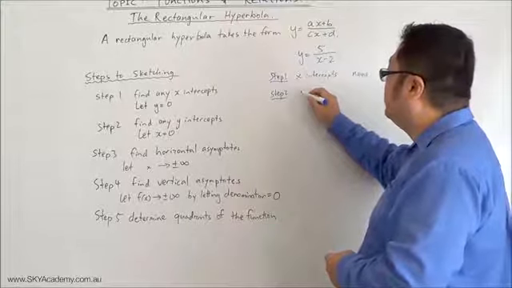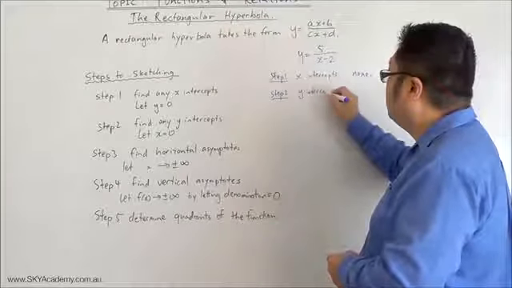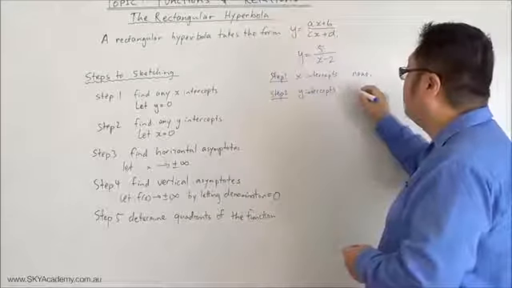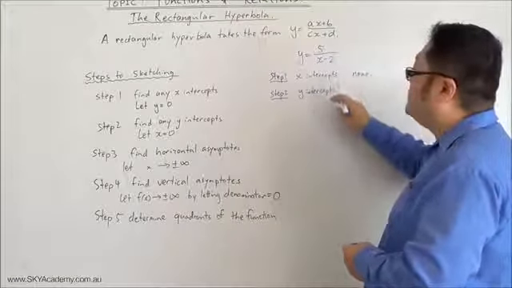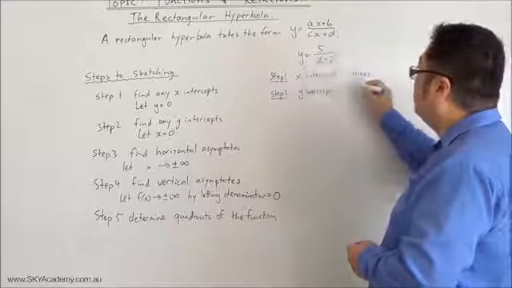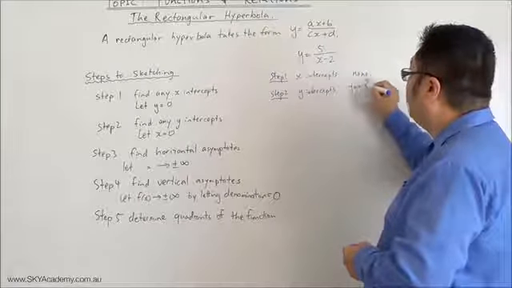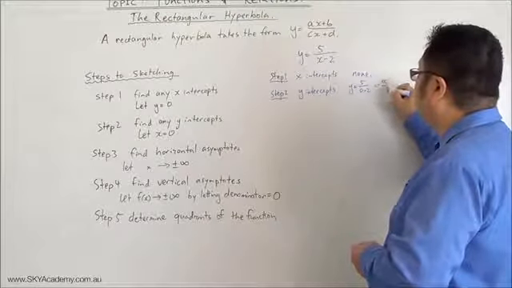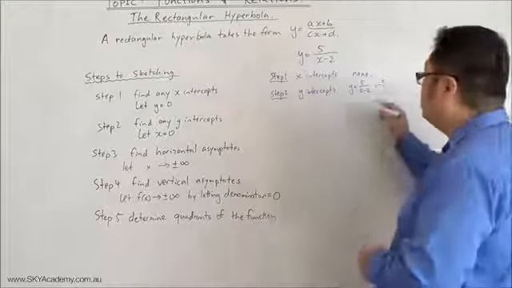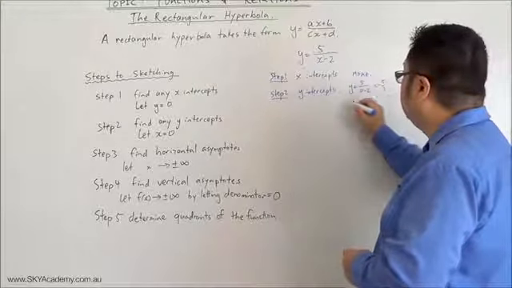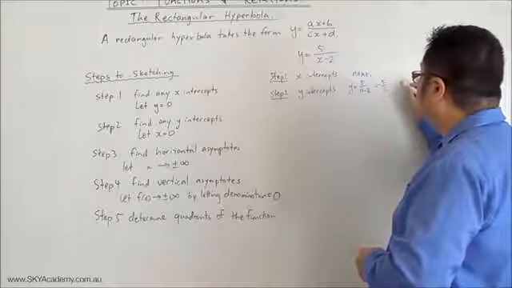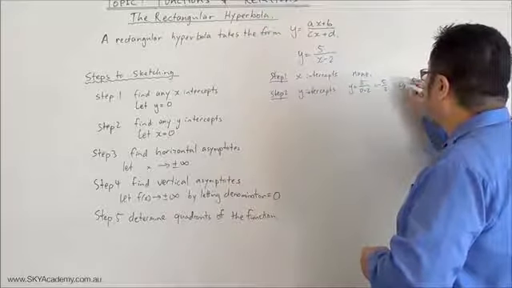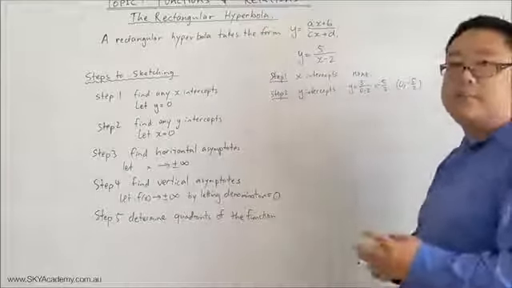Y-intercepts will be when x equals 0, so y equals 5 over 0 minus 2, which is equal to negative 5 on 2. So your y-intercept will be at (0, minus 5 on 2).